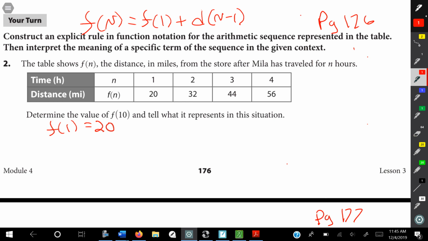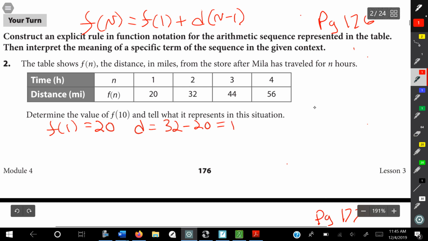Okay, next we're going to find the common difference by taking the second term and subtracting the first one. So the common difference is going to be 32 minus 20, which gives us 12. All right, now we're going to take both of those and plug them in to write the explicit rule.